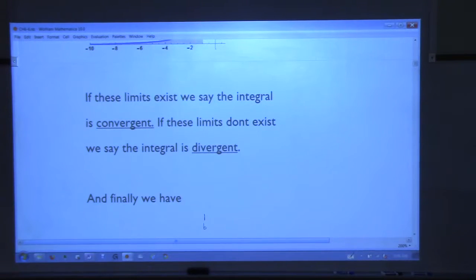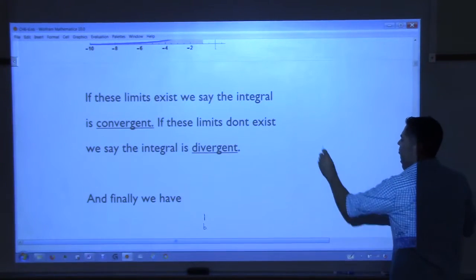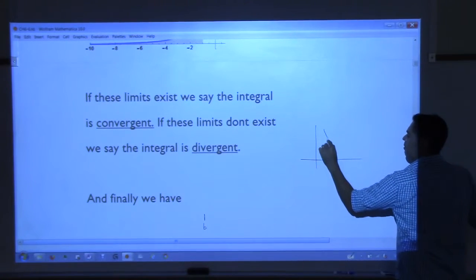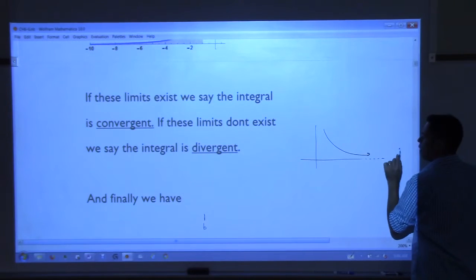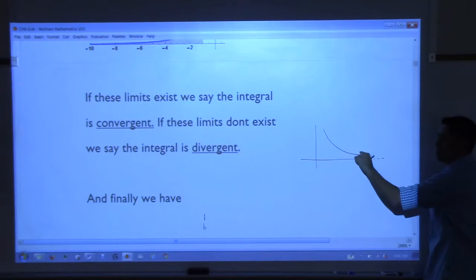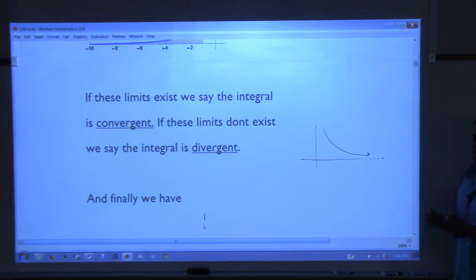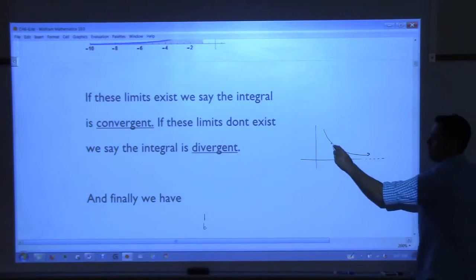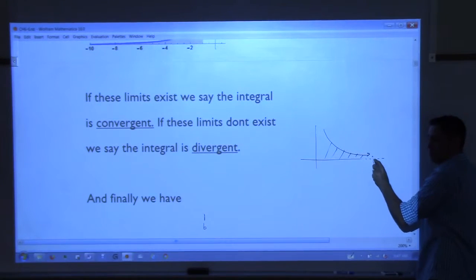Because look, in that picture I just showed you, would we all agree that the function is approaching 0 as I go out this way? But that doesn't mean that the area is approaching 0, so they're related but two different quantities. One of them is what the function is approaching, the other one is what the area is approaching. All right?